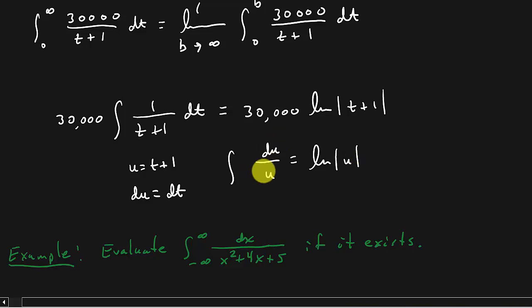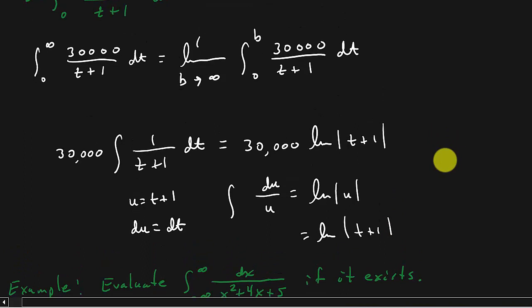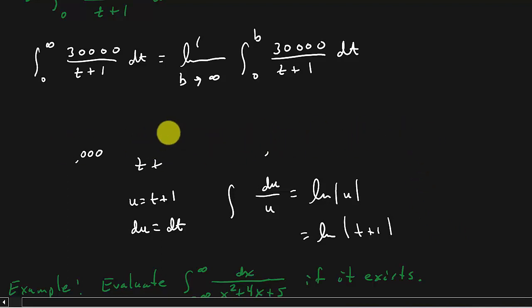This is the form of that. Then we replace the u with t plus 1. But by this point in your calculus career, you should be able to see that the derivative of the denominator is in the numerator, so that's natural log. All right, so let's erase this.